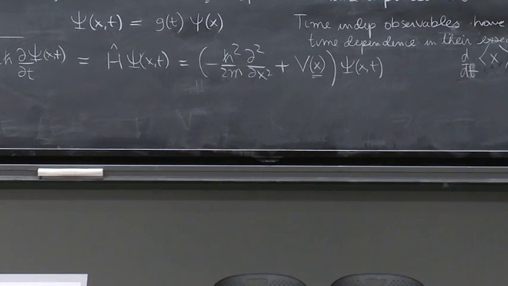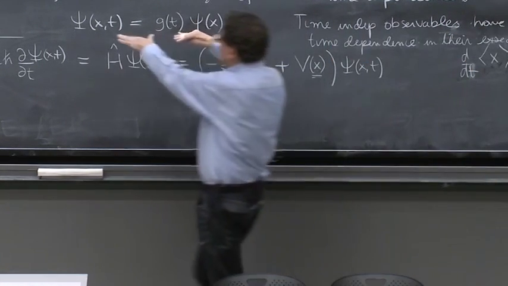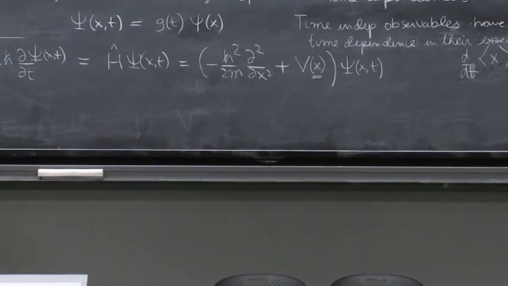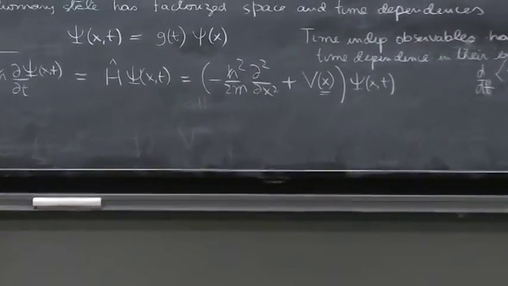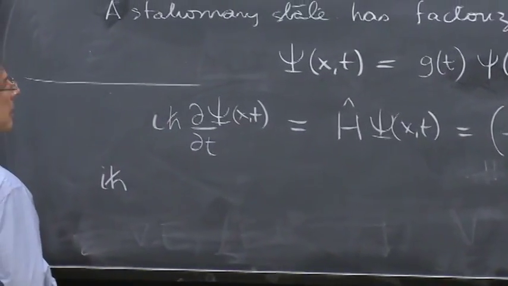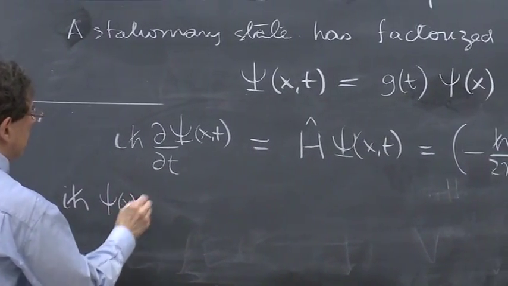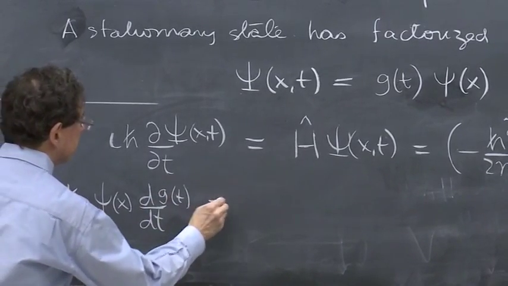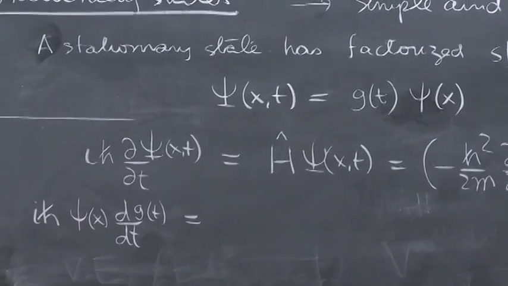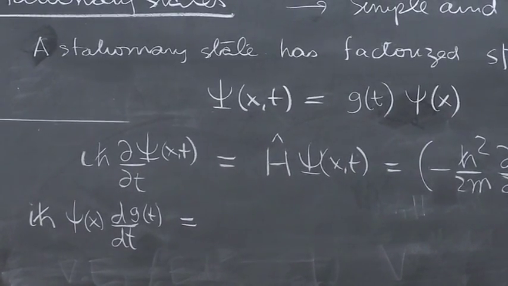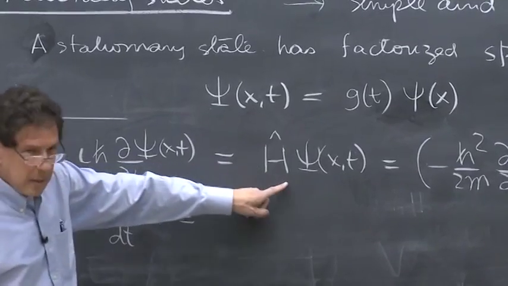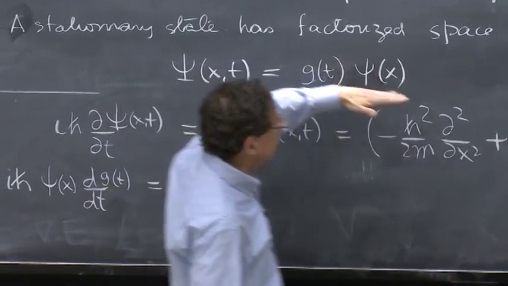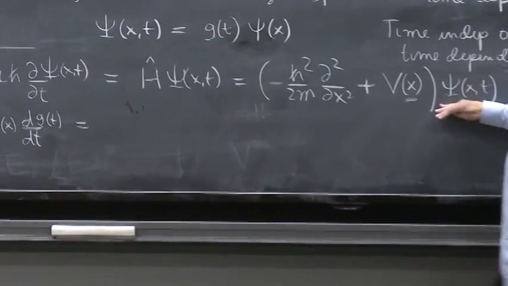Okay, so what we do next is to simply substitute the value of the wave function into the differential equation and see what we get. So on the left-hand side, we will get i h bar. The psi of x goes out, but you have d/dt, now a normal derivative of g. And now this Hamiltonian acts on these two things. Imagine the function of time times the function of x sitting here.